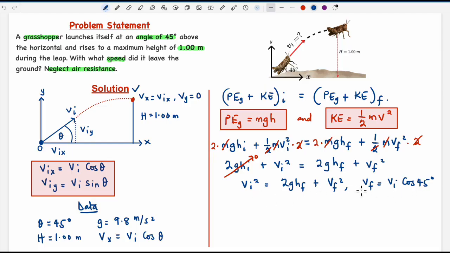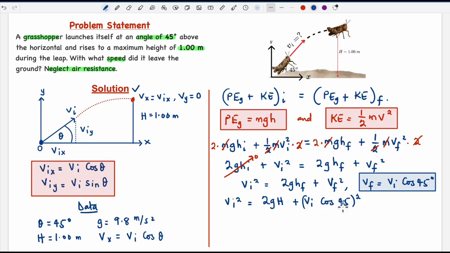Now we can substitute that into the equation, and we are going to have a much nicer equation, which is vi squared equals 2g times hf, which is our h, which we know, plus vi cosine of 45 all squared. Now the cosine of 45 is square root of 2 divided by 2.